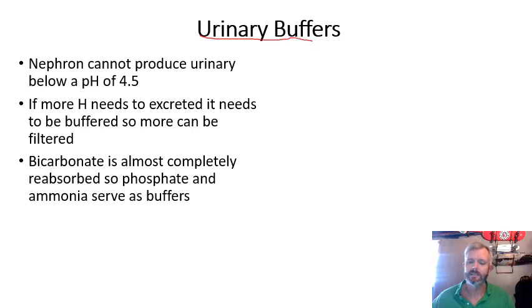This alludes back to that previous part: in the nephrons, say if we have high acidity, we can only produce urine that is roughly 4.5 pH. So what if our pH was extremely high and we needed to get rid of more of these? We have a phosphate buffer system in that distal convoluted tubule.